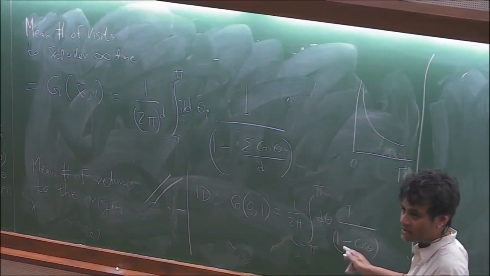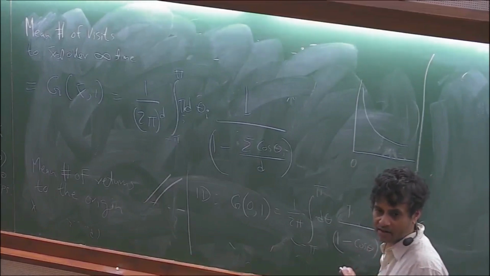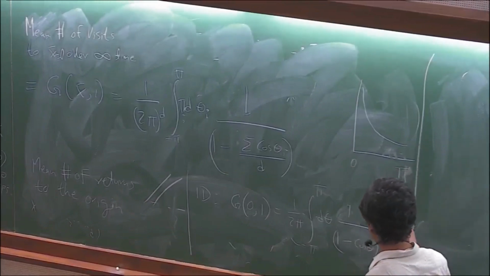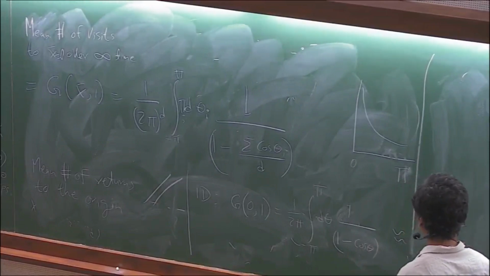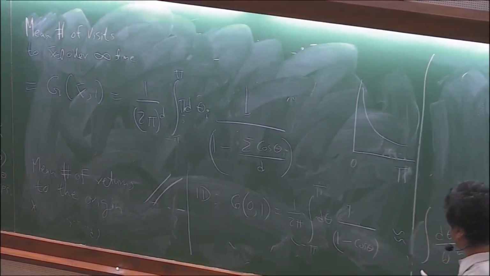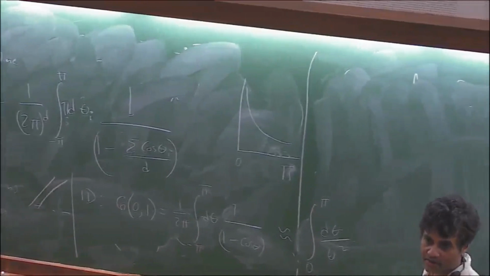So you just expand this near the origin. So this is approximately theta square. And this of course is infinite at theta equal to 0, it diverges.